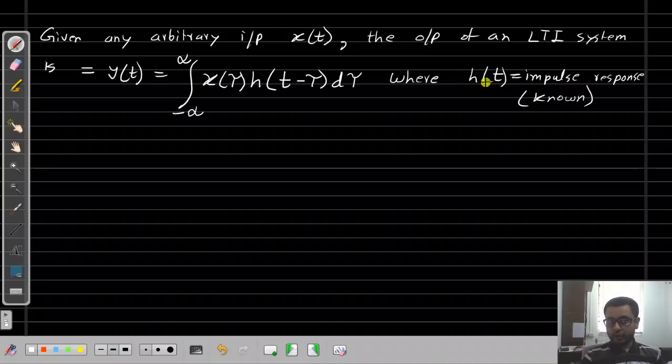So if I know h of t, if I know how the input looks like, then I can calculate the output very easily.